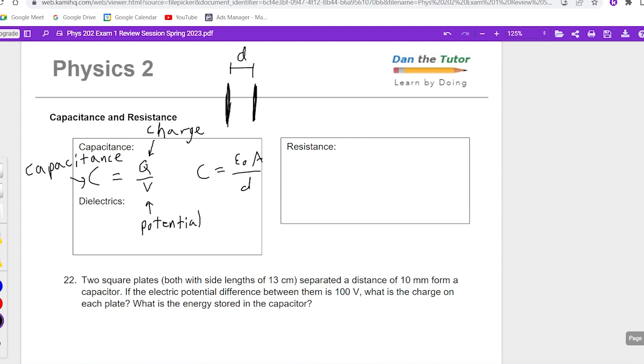And then we have an equation for a dielectric. Now, what's a dielectric? So here's my capacitor right here. Go back to this one. What's in the middle of the capacitor? It's air, right? There's nothing in the middle. It's just air.